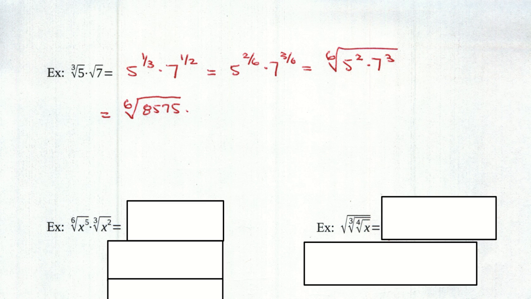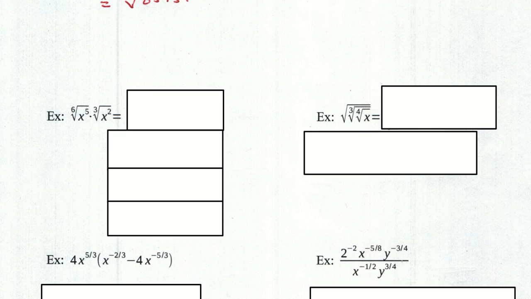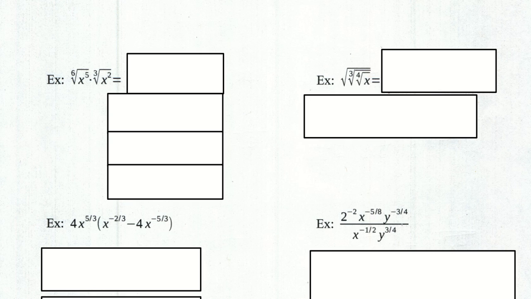Now, that's pretty cool, but we can do that even if we don't have numbers. In this next example, take a look at what we've got. We've got a 6th root, and we've got a cube root. So we cannot bring the multiplication inside as written. Instead, we're going to do exactly what you'd expect.